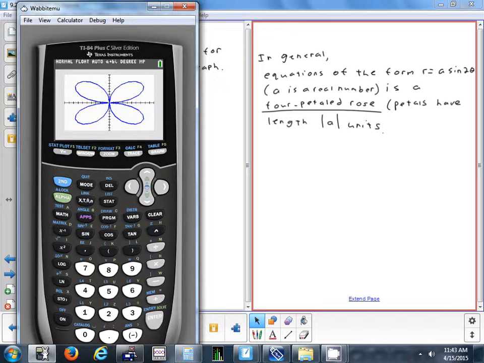All right, now say your particular friend you're with, they don't like 4-petaled roses. They want more petals. All right. What do you think we could change in that equation to have more petals? Yeah, the 2. Sure. How many petals do you want? You tell me.